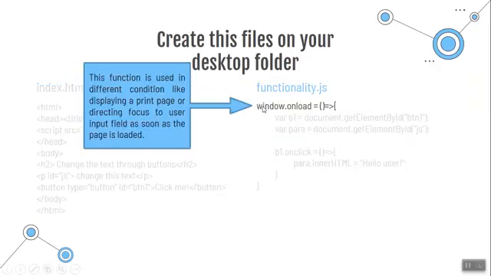For window onload, this function is used in different conditions like displaying a print page or directing focus to user input fields as soon as the page is loaded. So what is a function? The first time that we encounter a function is in MS Excel.